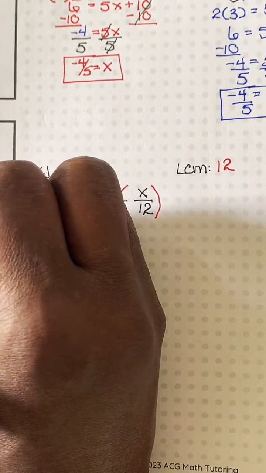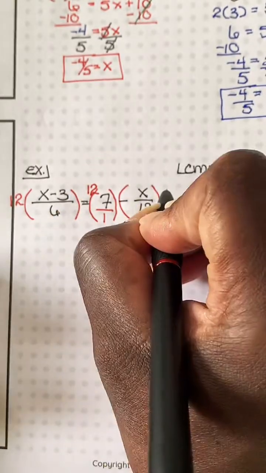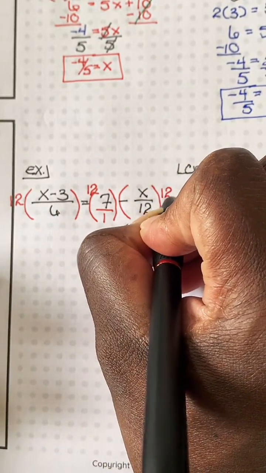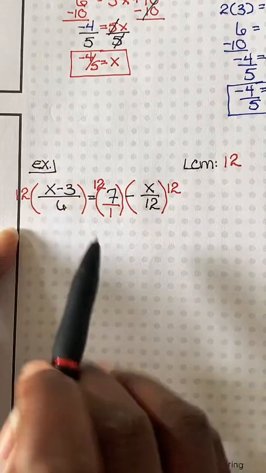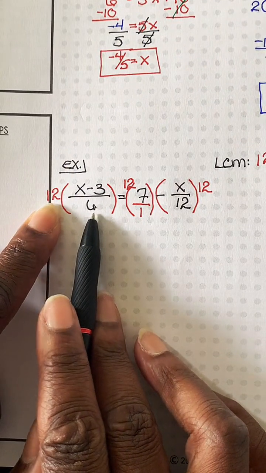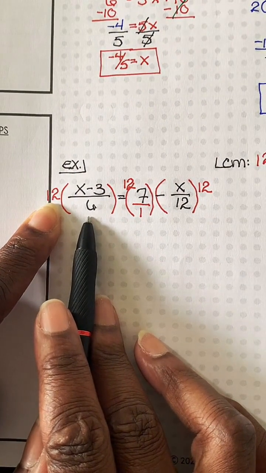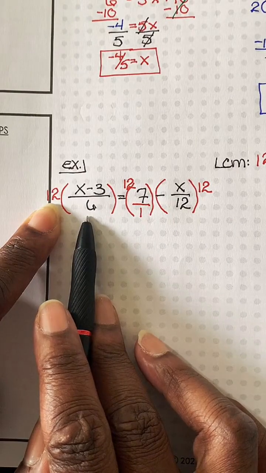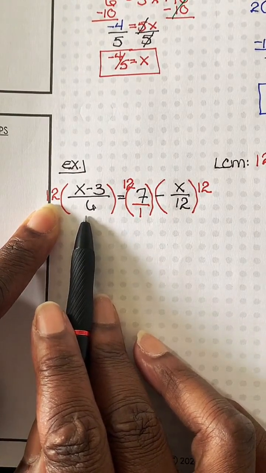So I'm going to multiply this by 12, this by 12, and this by 12. I just want you to focus on the 12 and the denominator. The reason we're using the LCM is to get rid of that fraction. We don't like fractions. Not at all. So why keep it around? Let's get rid of it.